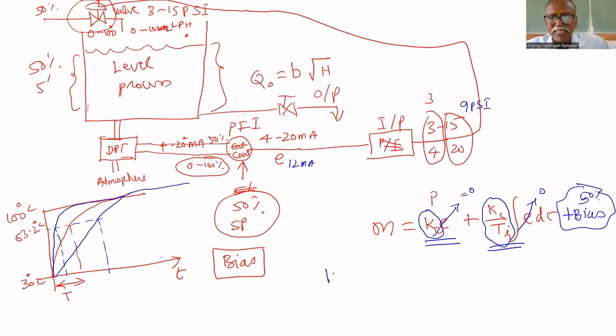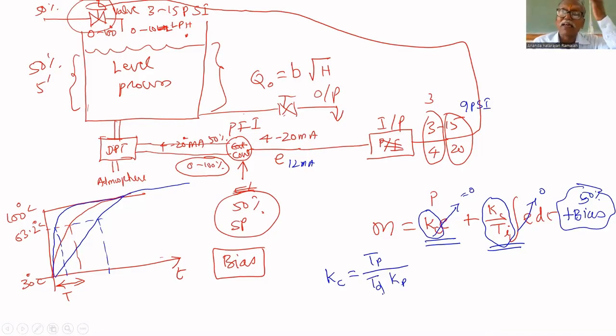The formula for Kc is equal to Tp, the time constant of the process, divided by the gain of the process, Kp, and the dead time of the process, Td. We have to find these three parameters, called modeling of the process.